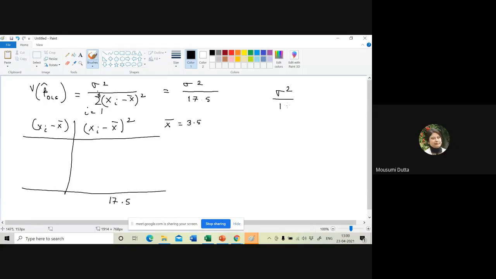Which one is lesser? The second one. So though both estimators are unbiased, the OLS estimator is unbiased, we know, and the alternative estimator is unbiased, the variance is lesser for which estimator? Beta hat OLS.